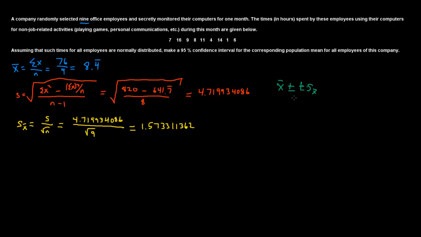Degrees of freedom can be more complicated in certain contexts using different distributions and different techniques, but for us, degrees of freedom, which we abbreviate as df, equals n minus 1. So here, degrees of freedom is 9 minus 1 equals 8.